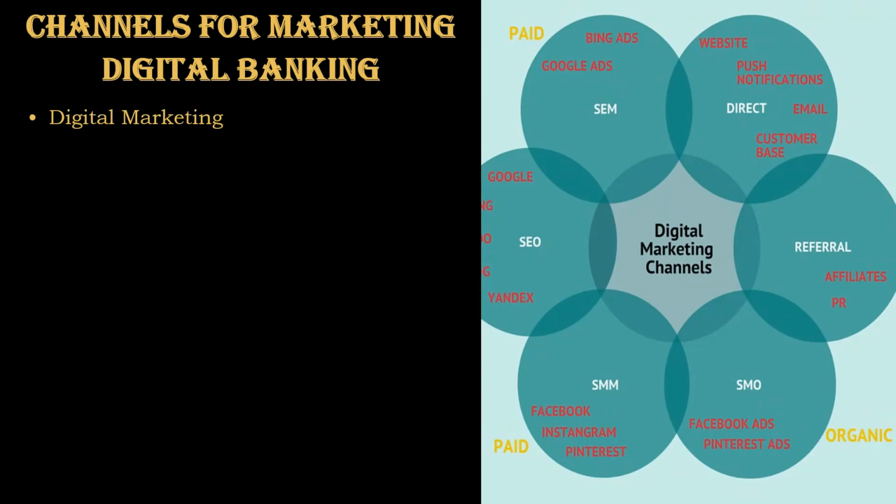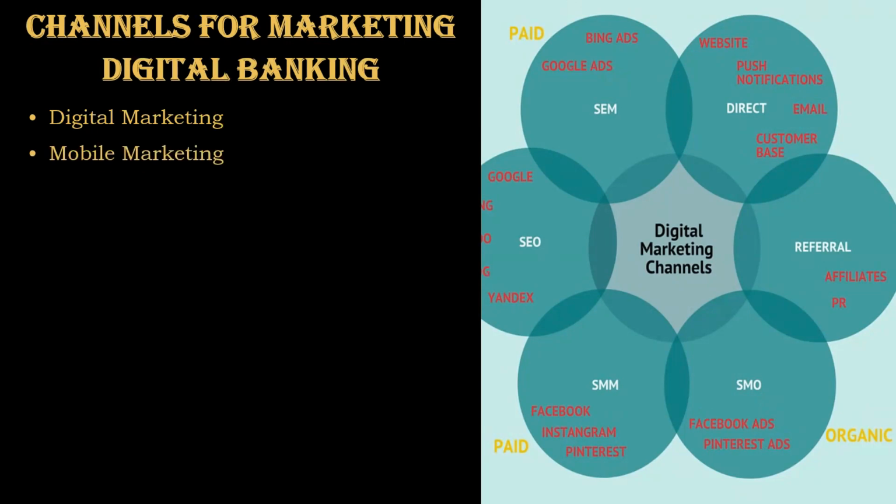With search engine marketing, we use paid search advertising on platforms like Google to appear in search results when users look for relevant keywords. With content marketing, we create and share relevant and valuable content through blogs, articles, infographics, and videos to educate and attract the users.